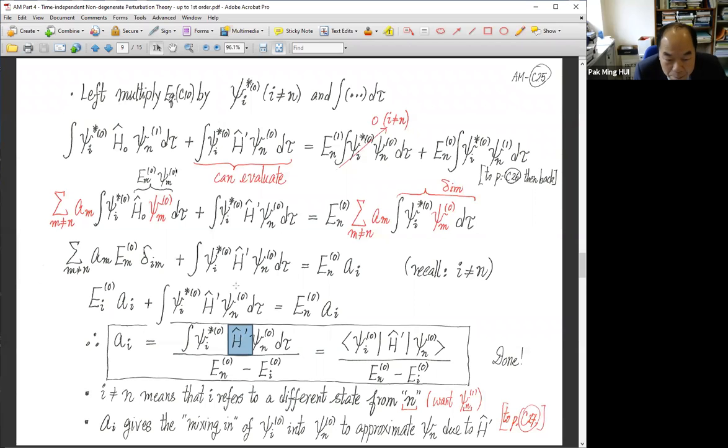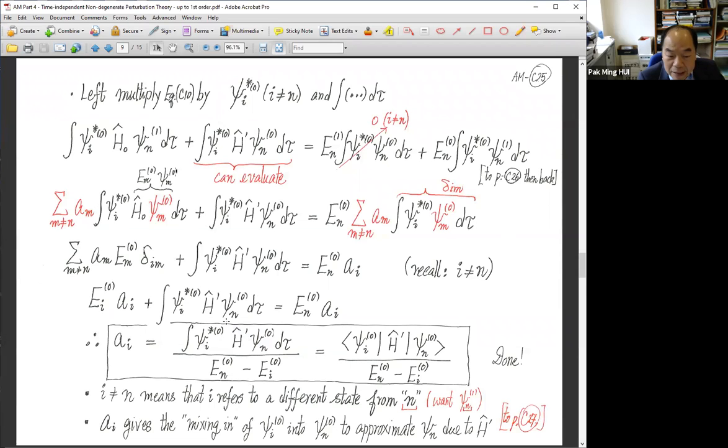And H prime plays the role that can put some ith eigenstate to mix into the nth state. And this is the strength, the power of H prime, okay? And this integral signifies how effective H prime is in doing that, okay?